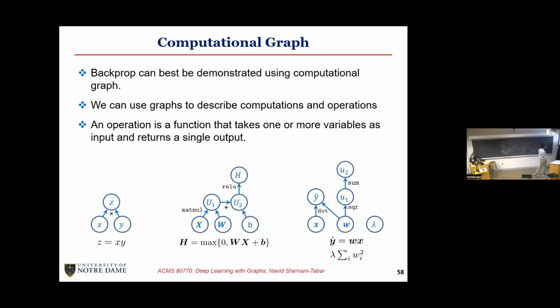And then lastly, I take that variable U2 and multiply it with lambda, which means that I'm applying simple multiplication on these two scalars, and that's going to give me a new variable U3. So that's essentially how computational graphs work.